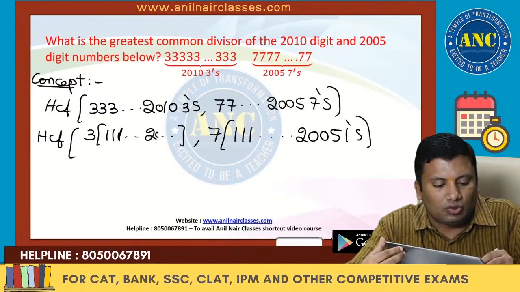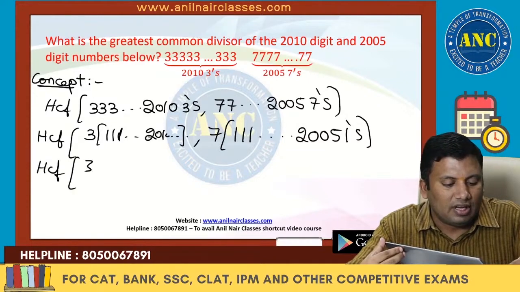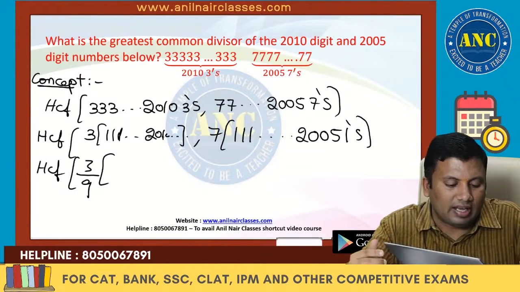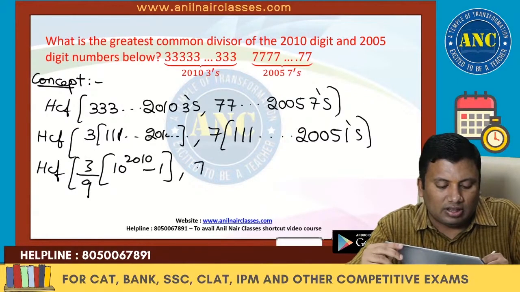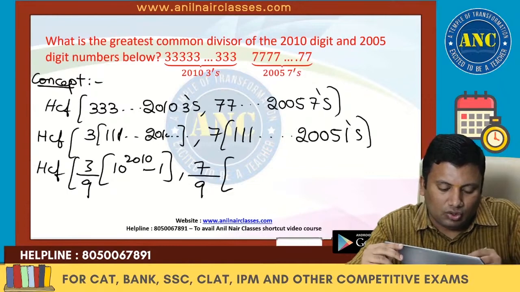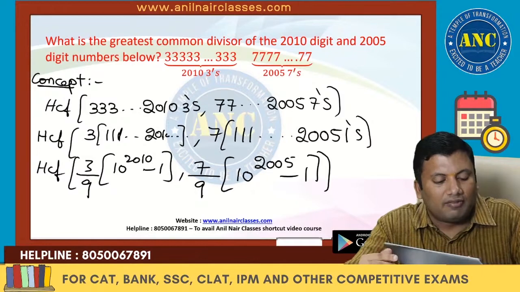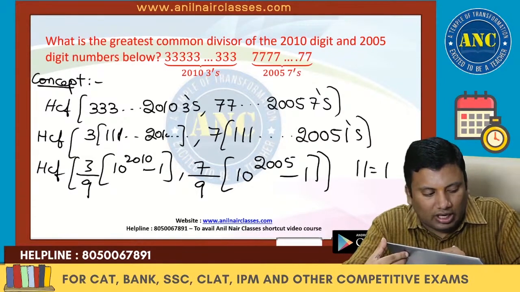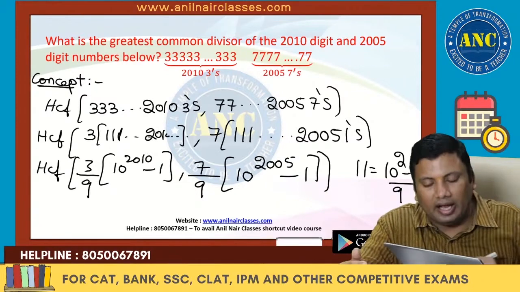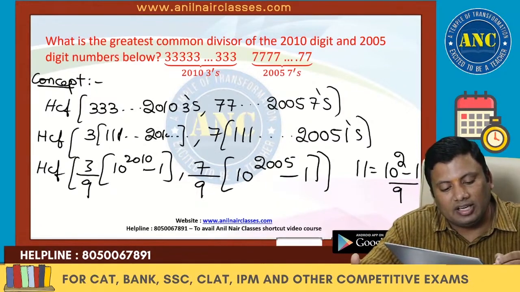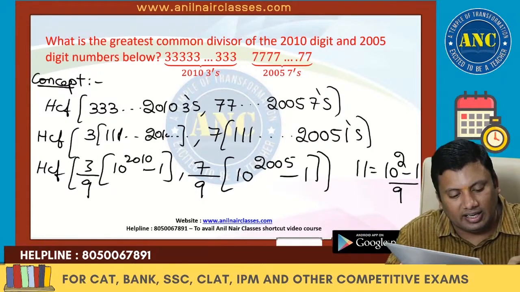This is nothing but HCF of 3 by 9 into 10 power 2010 minus 1, and 7 by 9 into 10 power 2005 minus 1. Why? Because if 1 is written 2 times, it is 10 square minus 1 by 9, that is 99 by 9; similarly if 1 is written 2010 times. I hope this idea is clear till here.